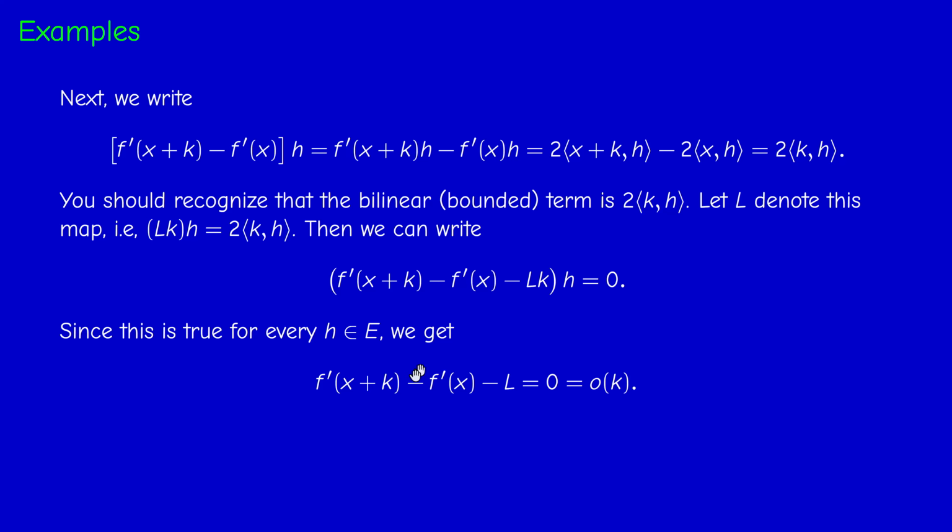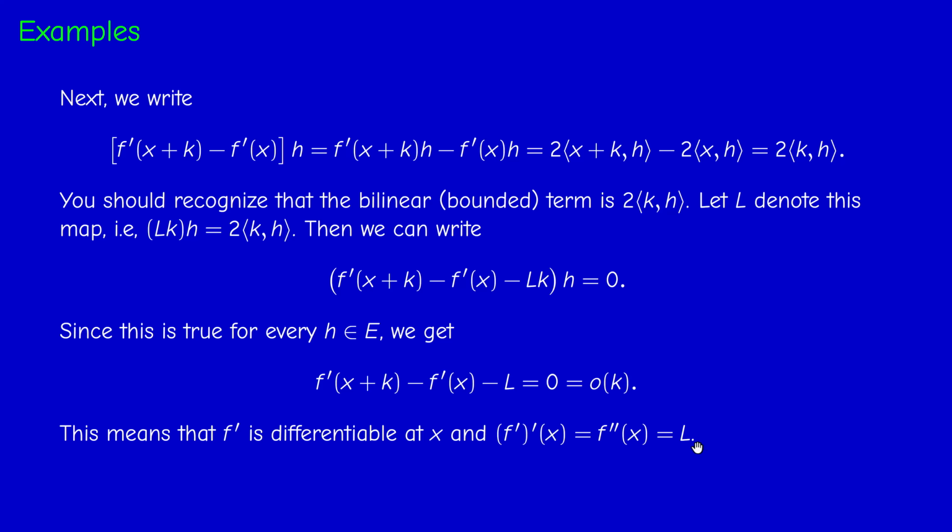So this precisely means that f prime is differentiable at x, and its Fréchet derivative is given by this operator L. Right? So there's a k here. And that's it. So f is twice differentiable at x, and x was arbitrary. And now observe that this L does not depend on x, so it's a constant.